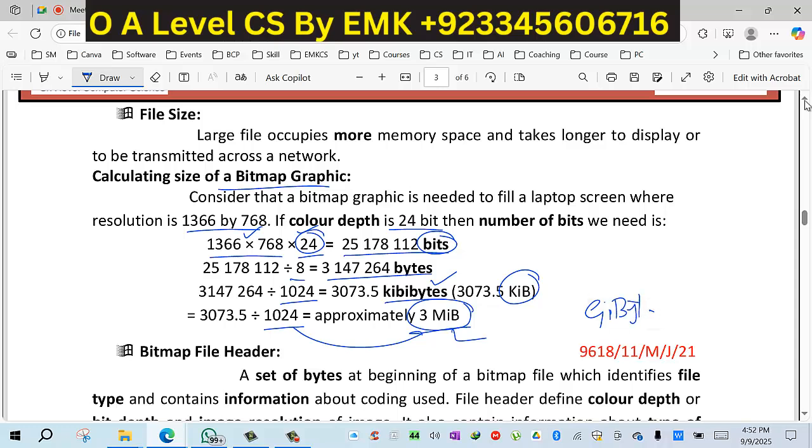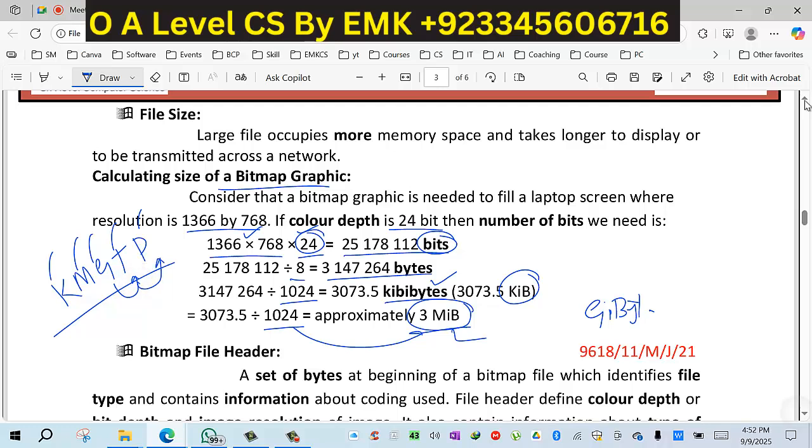You forgot the word KMGTP? Kilo, mega, giga, tera, peta. Again if I divide by 1024 I will get terabyte. Again if I divide it by 1024 I will get petabyte.